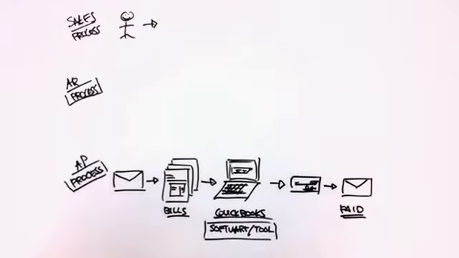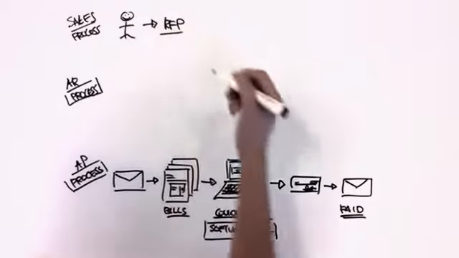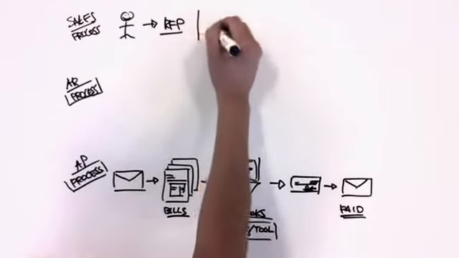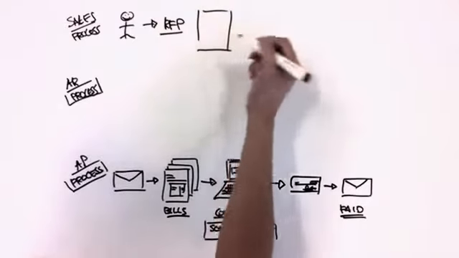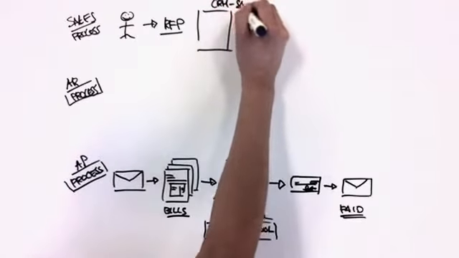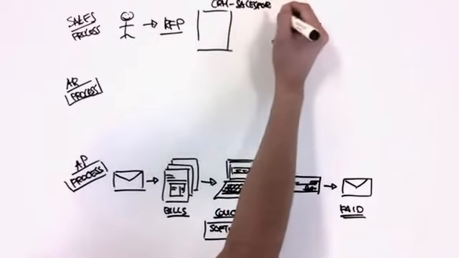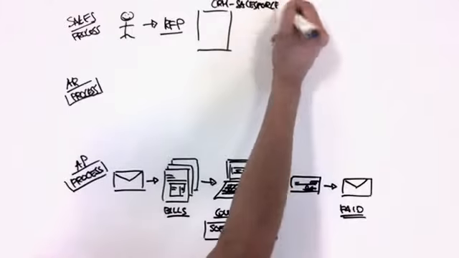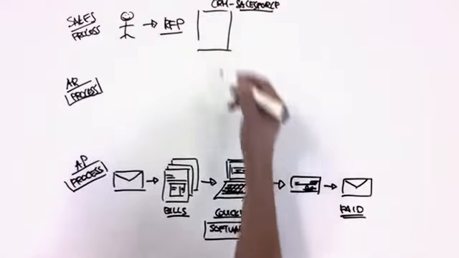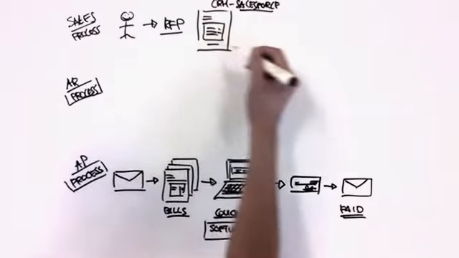Say they want to buy a service and they ask for an RFP, or a request for proposal, and your sales team, let's say they use a CRM software called Salesforce. Right? Salesforce is a really popular CRM tool. It's a cloud-based CRM tool, and let's say they use it to generate a quote.